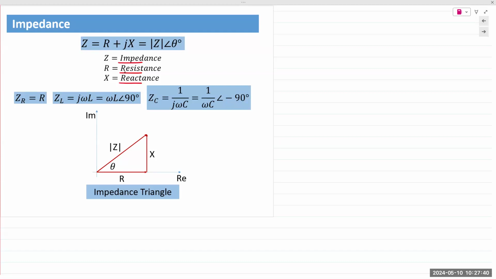Meaning if the input quantity is constant, no opposition. But the moment it starts changing, as it does in AC, then it opposes any change in that quantity. And that has a physical manifestation. It is not resistance, hence we call it a new term known as reactance. It is reacting to the change in the input quantity.